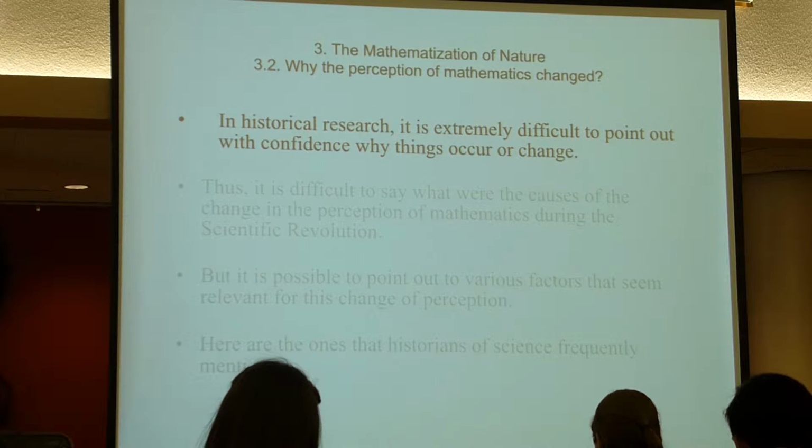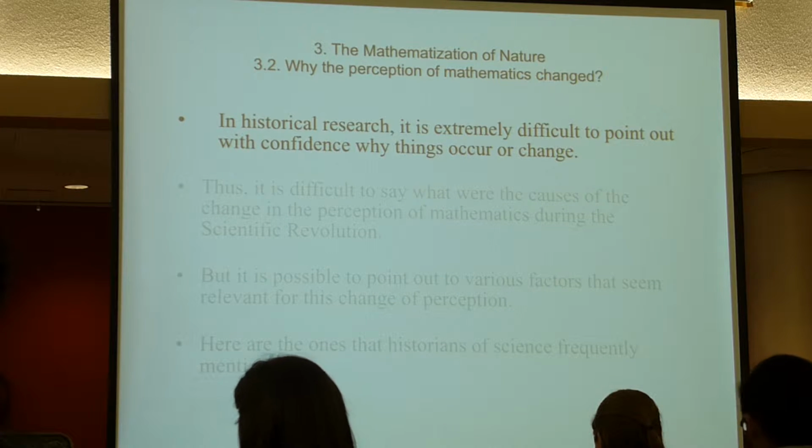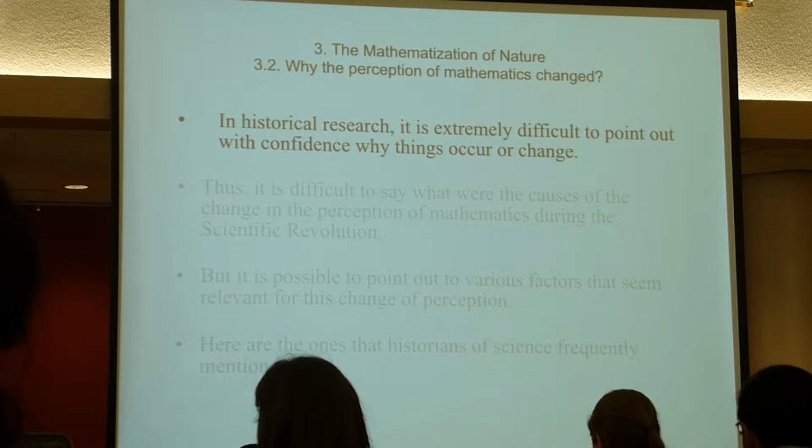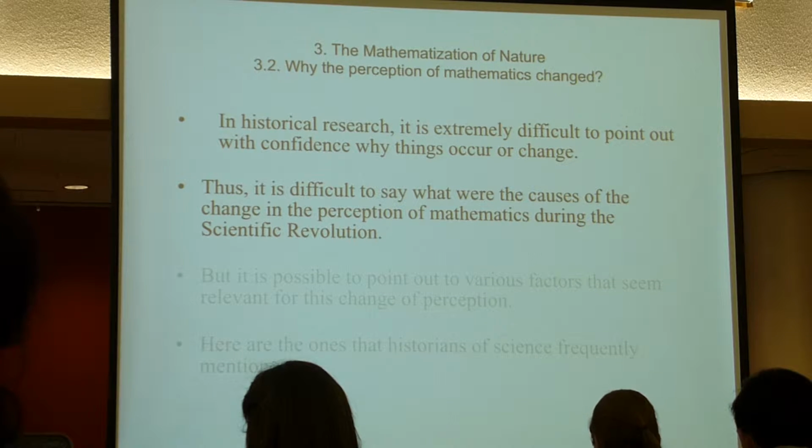They will say you cannot talk, especially about things that happened a long time ago. The only information that we have is from archives, from things that remain, and sometimes very few things remain because they are lost or destroyed. So it's difficult to say what were the causes of the change of perception.